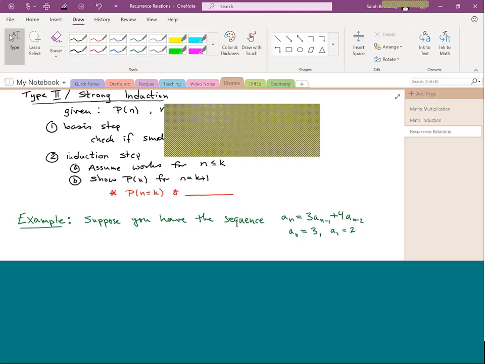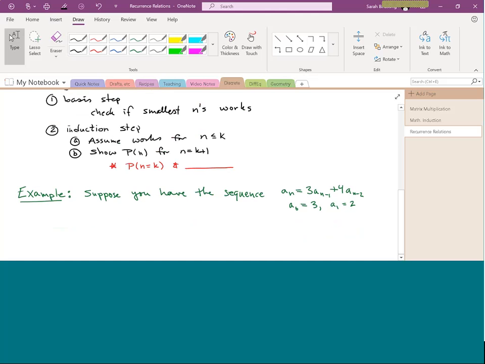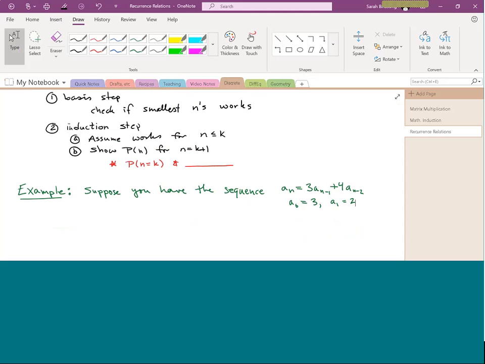All right. So we ended here on induction, on this induction example, where we had an example that said, suppose you have some sequence, and the sequence was given like that. Now this is a little bit different format than what we did previously, so let's first of all write out what this sequence looks like.